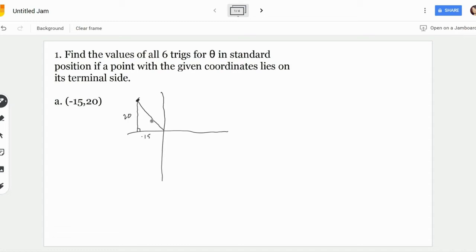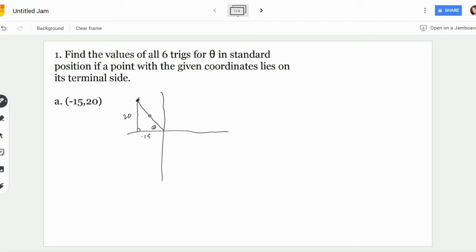This would be 20. We'd put theta here, and then this would look like a reference angle. The distance from here to 180 would be a reference angle. So we're going to find all values of the 6 trig functions.